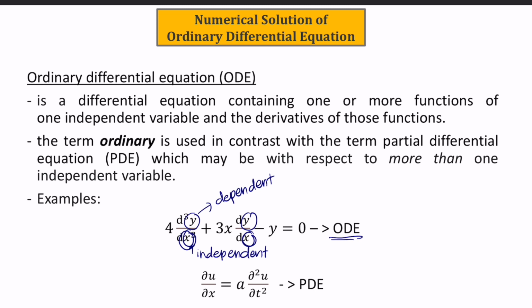Okay, for the second example, del u over del x equal to a del square u over del t square. So u over x and u over t. So here u is the dependent variable. Okay, u depends on x and also t. X and t are the independent variables.